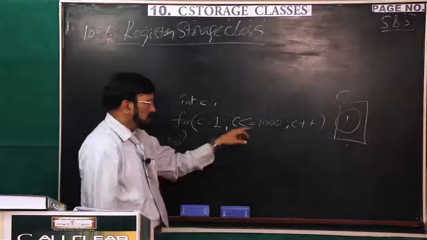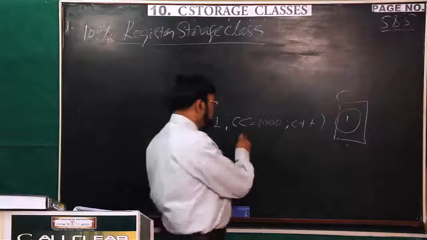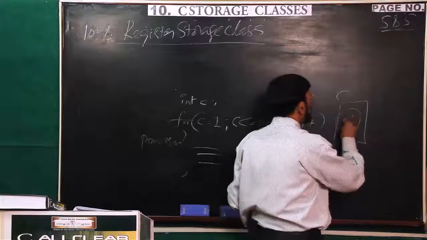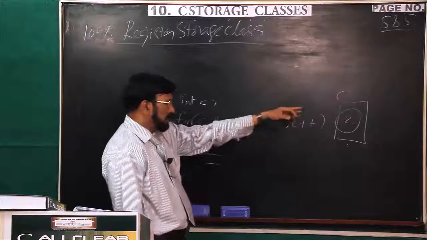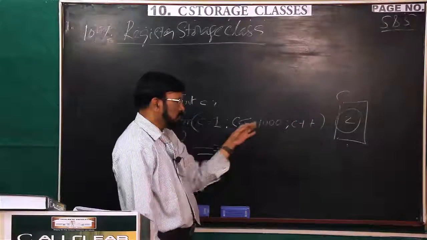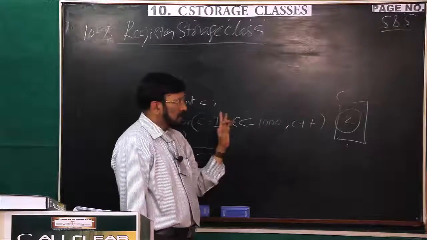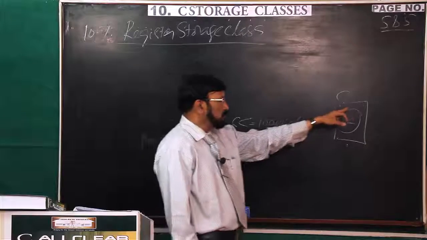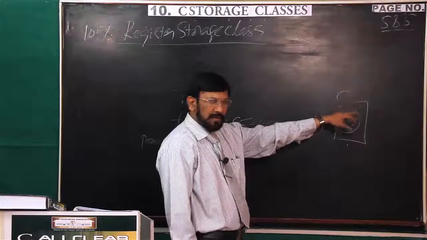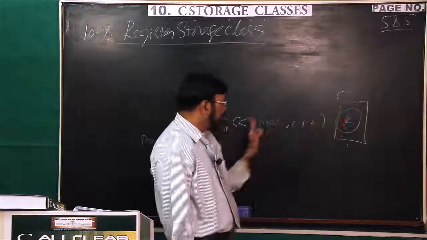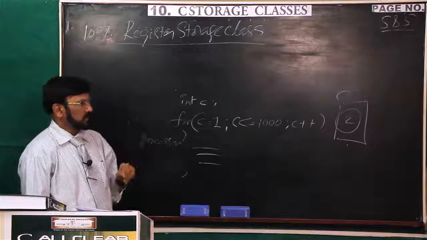After every iteration, it should be updated, so control should go to the RAM, get it updated and come back to the processor. With reference to this case, 1000 times it has to go to RAM, get the value updated and come back to the processor to get it implemented. That is the procedure.